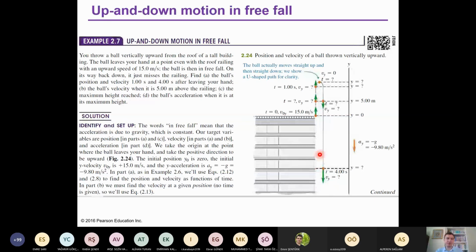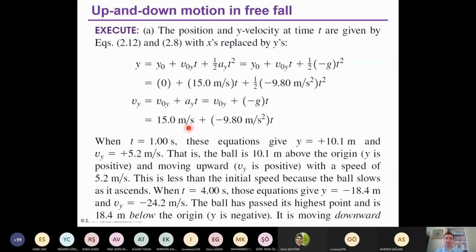Then Vy is given by 15 meters per second plus minus 9.8 meters per second squared times t. Within the question, 1 second, 4 seconds, all these things are given. Just put in 1 second and 4 seconds, and then you can easily calculate the position and velocities.